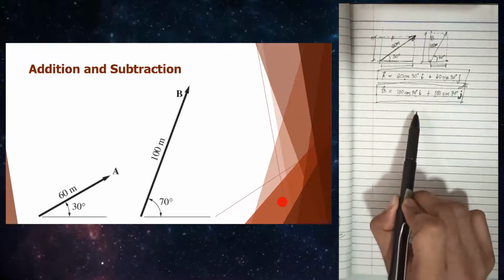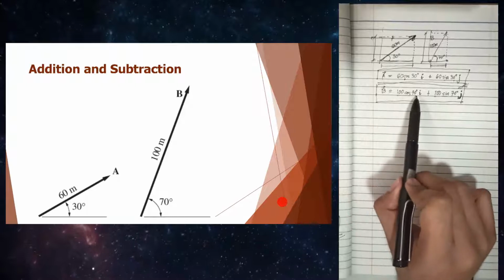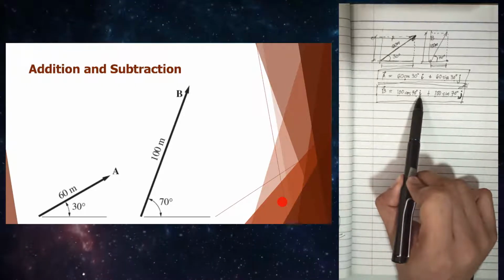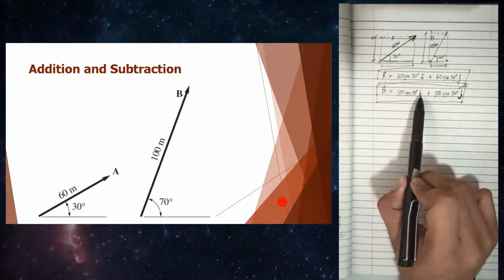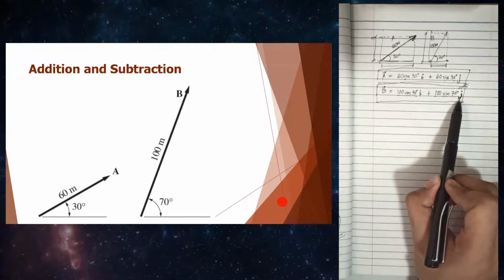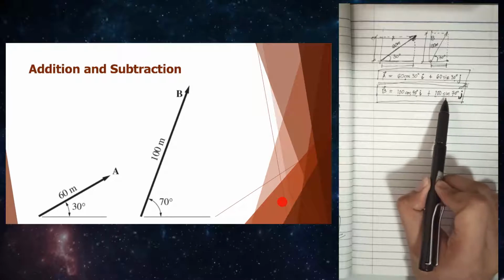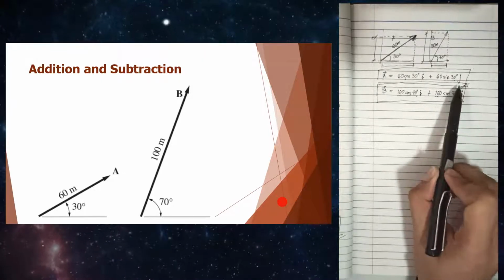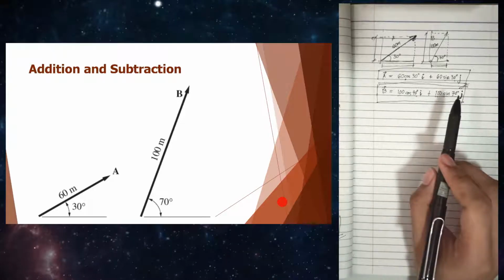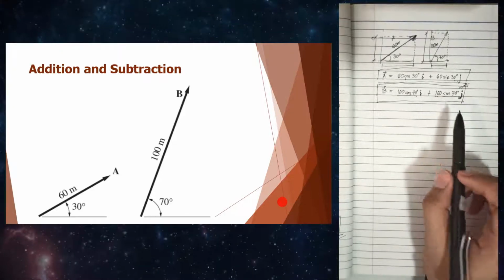And the same way with vector B, you must move to the direction of I by 100 cosine 70 degrees, and you must also move to the direction of J by 100 sine 70. Parang binibigyan niya lang ng emphasis yung movement ng vector para mabuo mo yung vector.